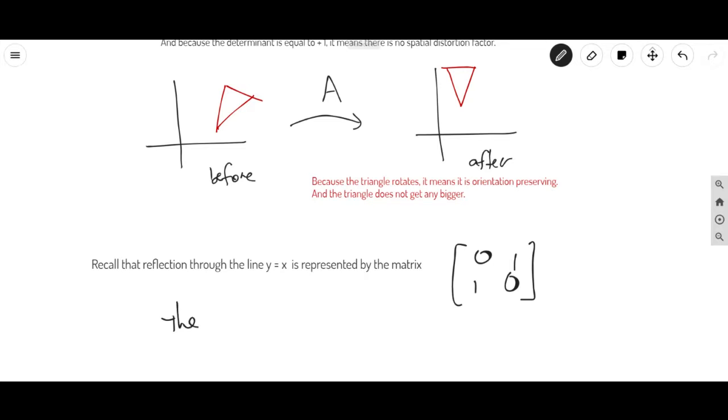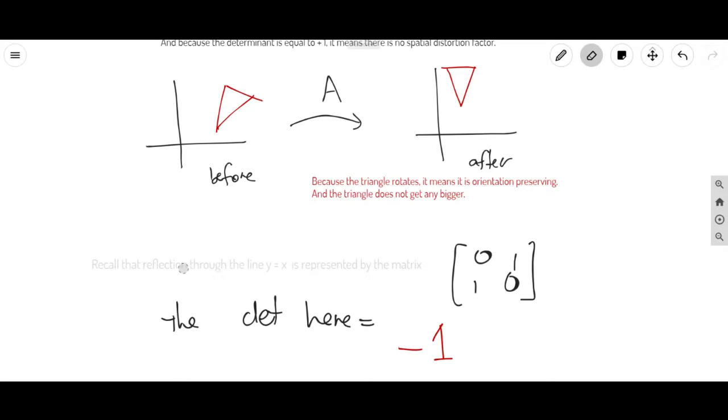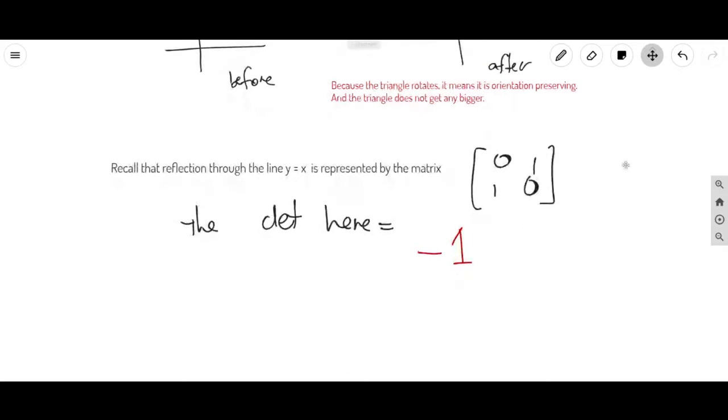And the determinant here, and this is the important point, is -1. If you calculate the determinant of this matrix, you get -1 because you have a reflection, and reflections flip orientation. So that's why the determinant comes out to be a negative number. Since the orientation gets flipped, that's why you're getting a negative number.